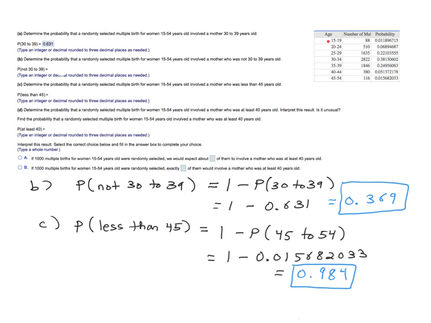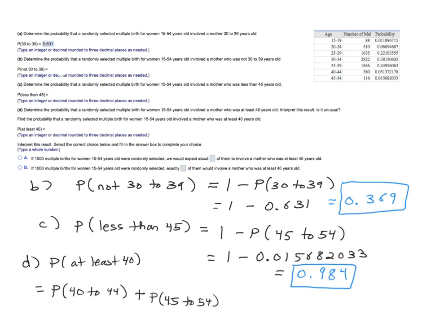So we're not including these, but we're talking about the probabilities from these 2 categories. So for D, the probability of being at least 40 is going to be the probability of being 40 to 44, and we're going to add on the probability of 45 to 54.